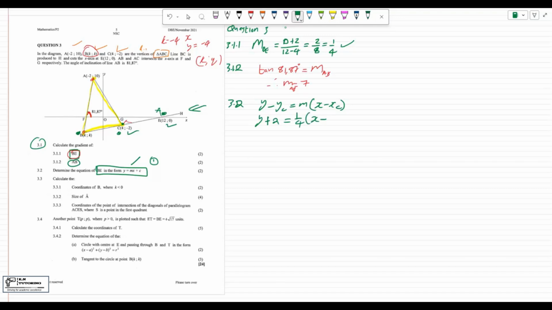The x at C is 4, sorry, so minus 4. Therefore, when you simplify this, we'll find that y is equal to 1 over 4 x minus 3. That's your equation of a straight line, BE.